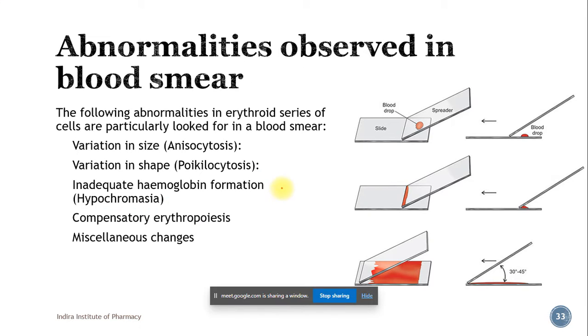So this is how the smear is prepared: you have to take two slides. The spreader can also be a slide only. You put a drop of blood onto one slide and use another slide as the spreader.